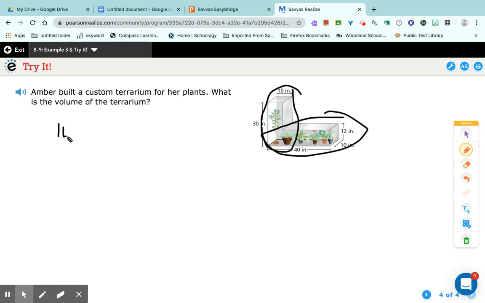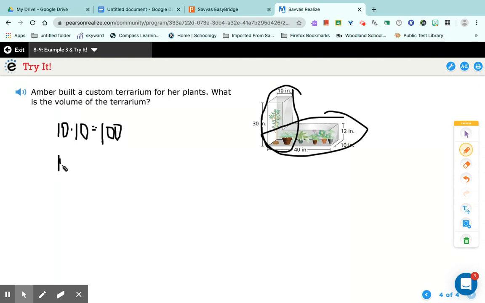So 10 times 10, then we multiply that by the height, which is 30. So we've got 100. 100 times 30 would be 3,000.